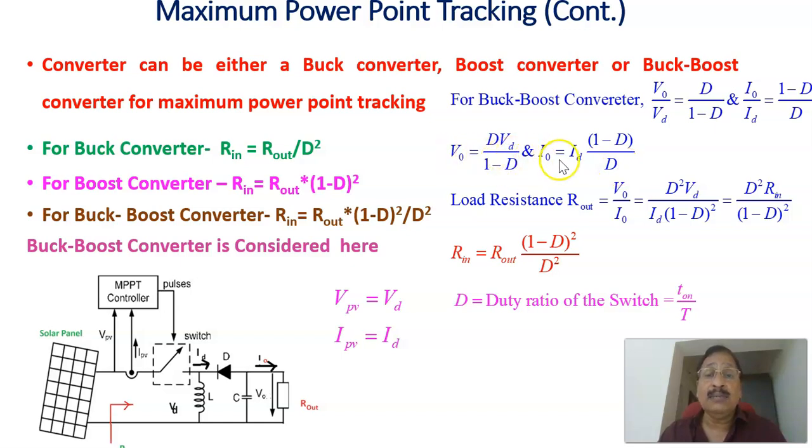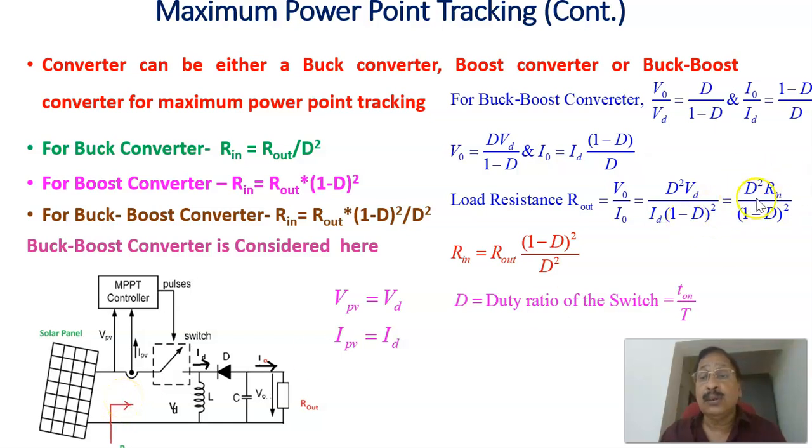Once you get V0 and I0, you can calculate R out, which is equal to V0 divided by I0. Dividing these two equations, you will get D squared Vd divided by Id into (1 minus D) whole square. Vd by Id, the voltage at this point and the corresponding current, is the resistance seen at this point.